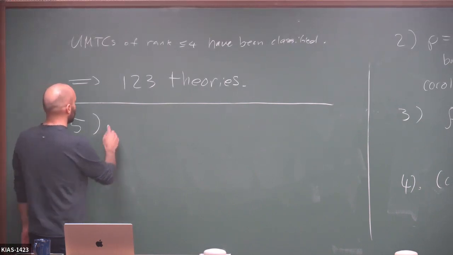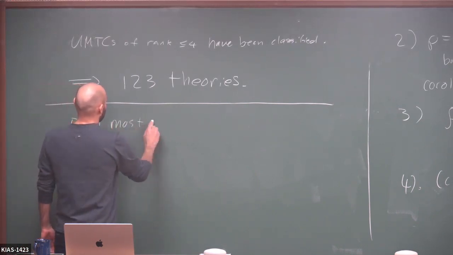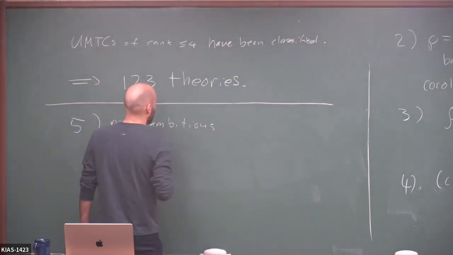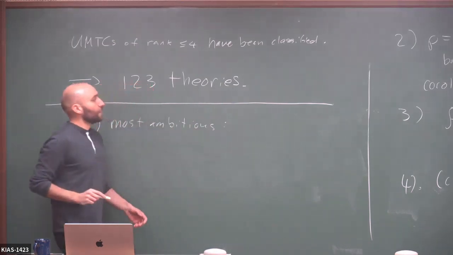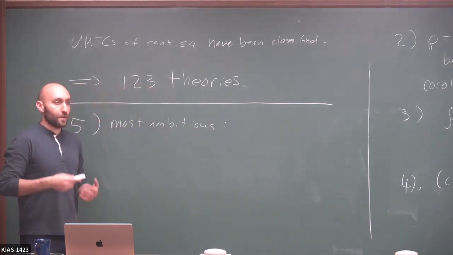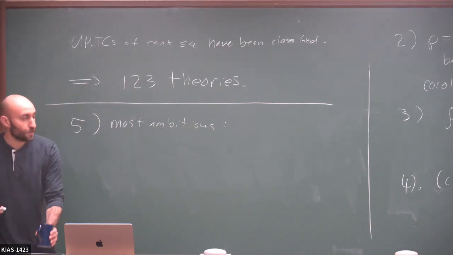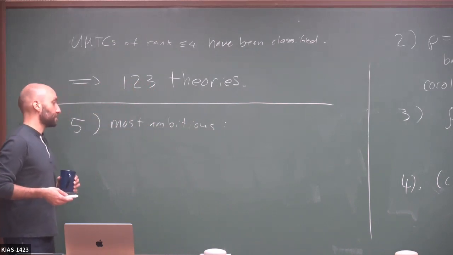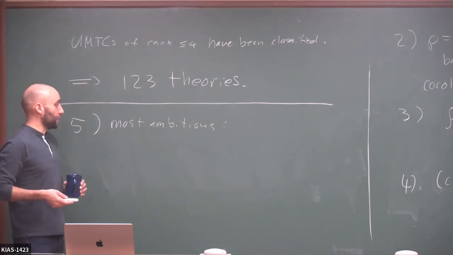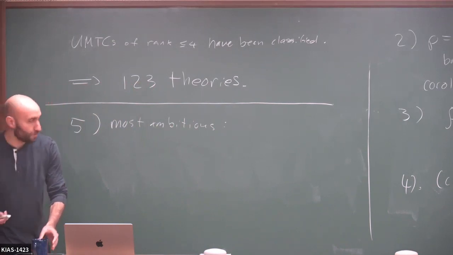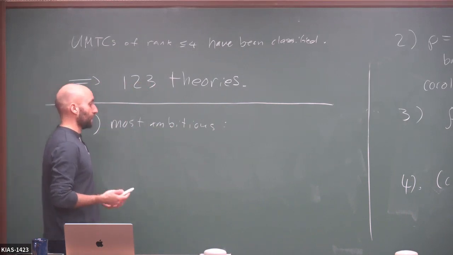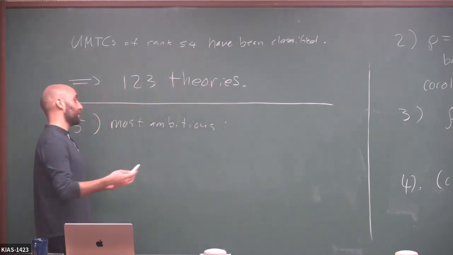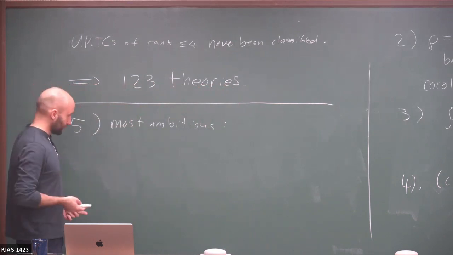So the most ambitious is, our philosophy has been that you can relate the classification of p greater than 1 theories to the classification of p equals 1 theories. In particular, this privileges the p equals 1 theories as being extra important to understand because all p greater than 1 theories in some sense flow from them.